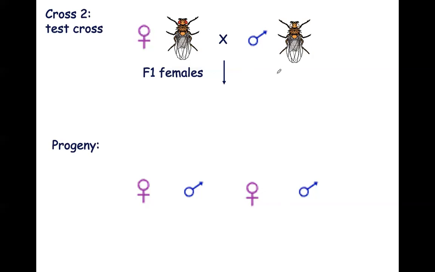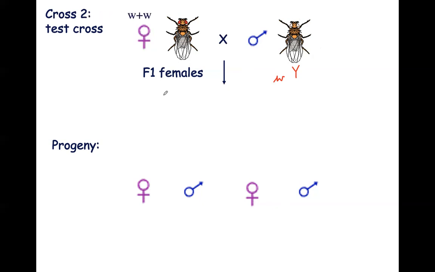Because it's a male, it's going to have a Y. It has white eyes, so this is a W. This female is from the F1, from the previous one.